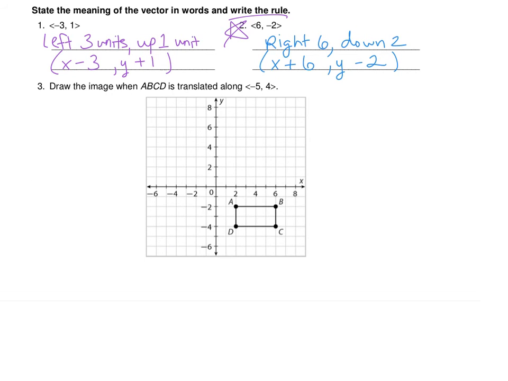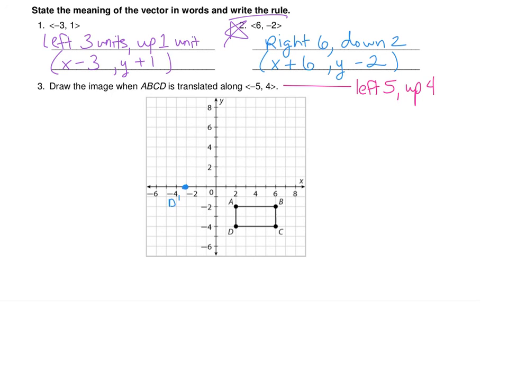For this last question, we need to draw the image, so it's our new figure, when we translate along the vector <-5, 4>. So remember, if we want to write this into words, that's left 5 and up 4. So if we actually count on our graph, we could do that as well. So if we count to the left 5 spaces, 5, and then up 4, 1, 2, 3, 4, that means that my point D is going to end up at (-3, 0) right there.